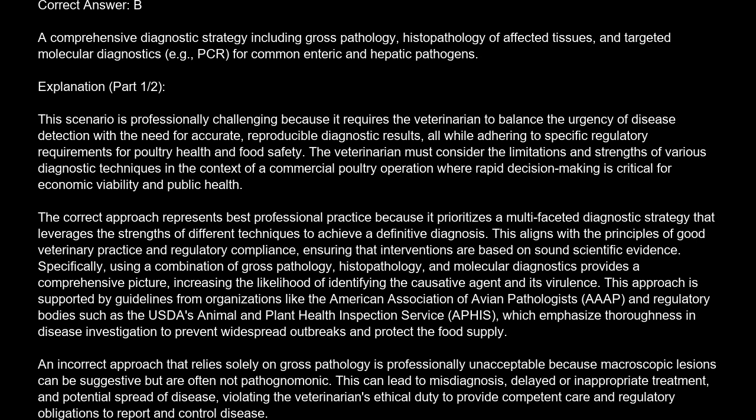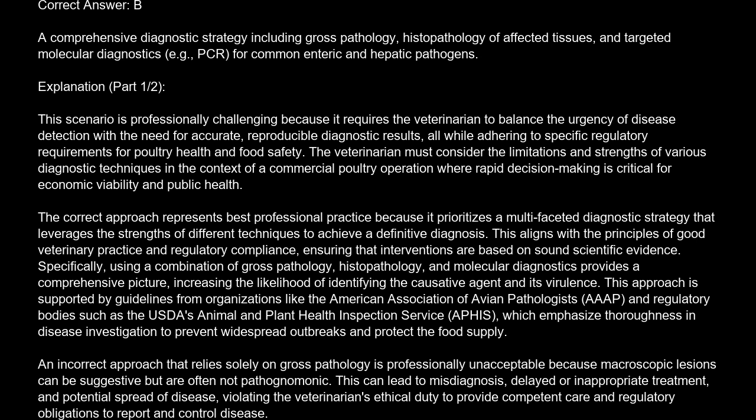This approach is supported by guidelines from organizations like the American Association of Avian Pathologists (AAAP), and regulatory bodies such as the USDA's Animal and Plant Health Inspection Service, APHIS, which emphasize thoroughness in disease investigation to prevent widespread outbreaks and protect the food supply.